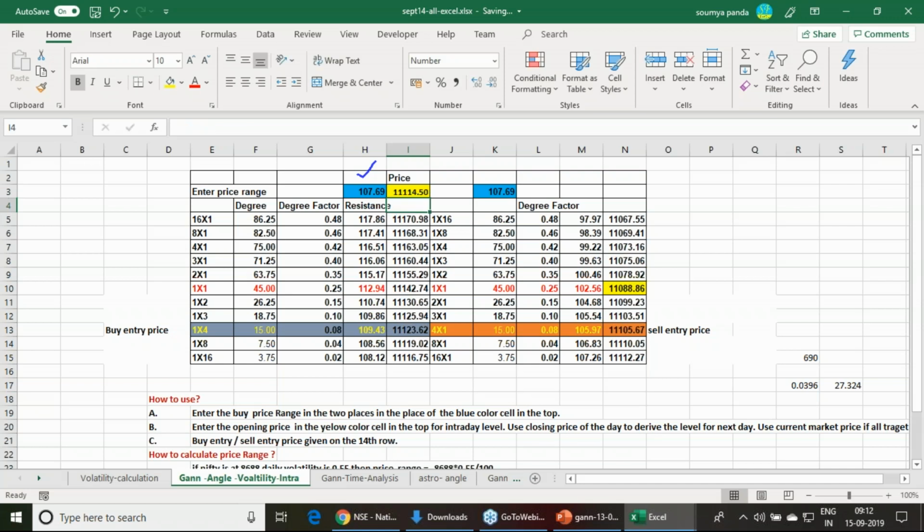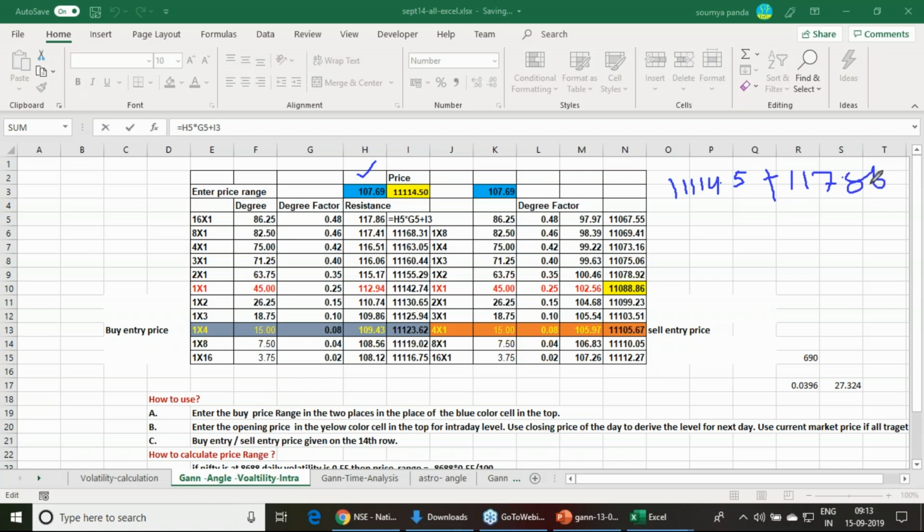So now from there, if I want to calculate the resistances, here my factorization comes. I am taking the calculations in a different way. So what I am doing here, I am taking 11,114.5 as it is.